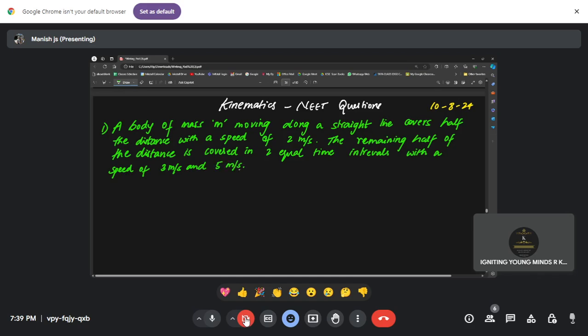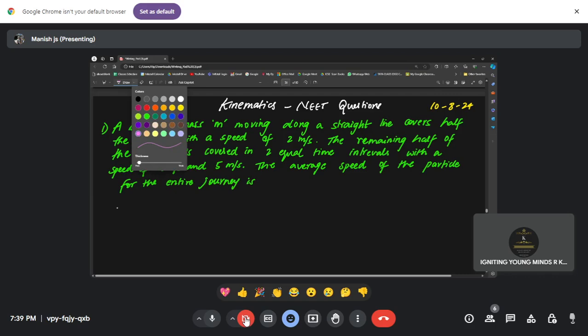So it's covering in two different instances. The average speed of the particle for the entire journey is, so we have different options here.